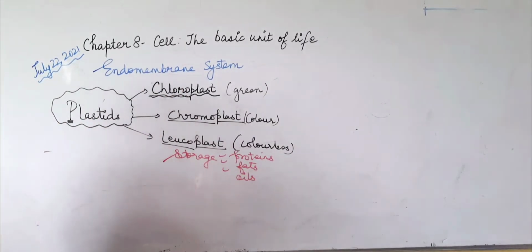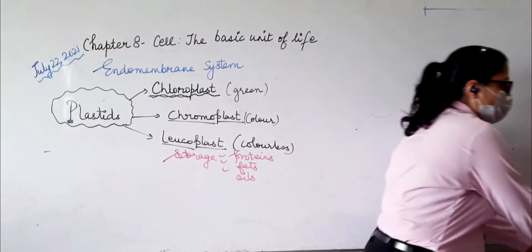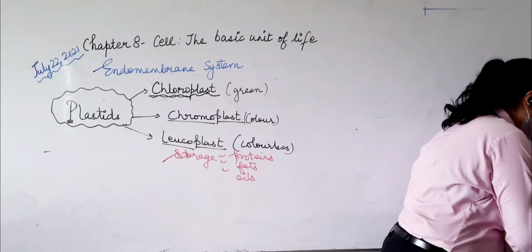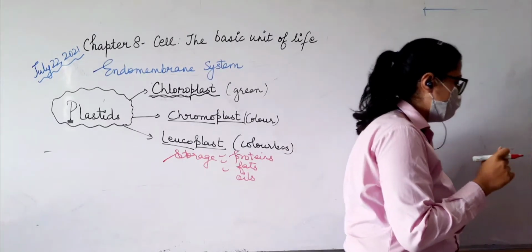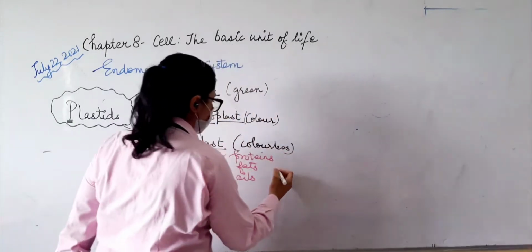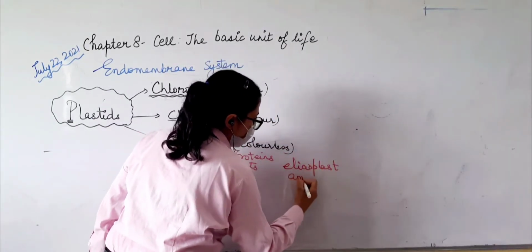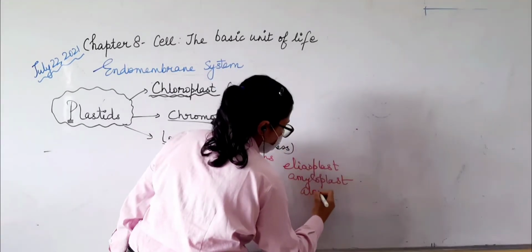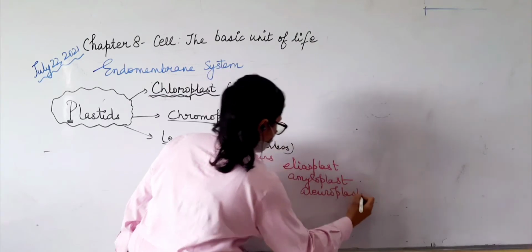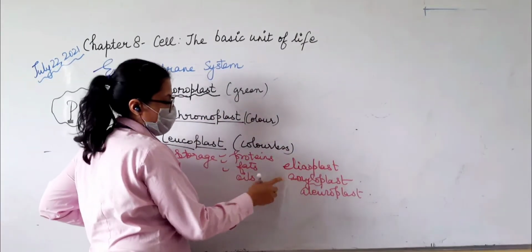So depending on what it is storing, there are three different types of leucoplast. You can see it on page number 135. Below mitochondria, plastids are there. Elioplast, amyloplast, and aleuroplast. Amylo always means referring to carbohydrates.